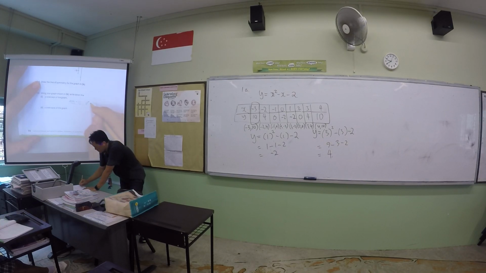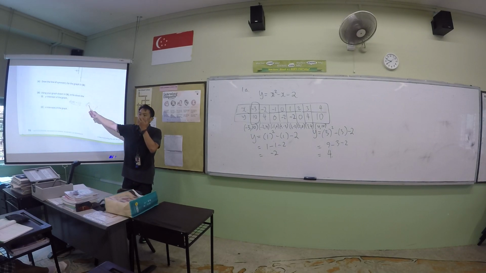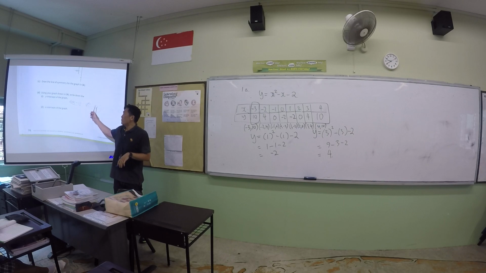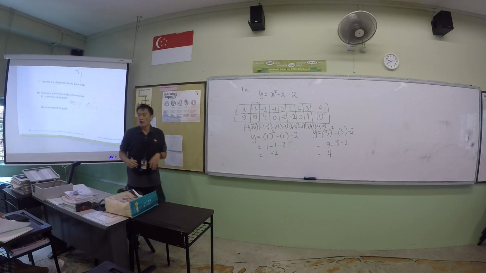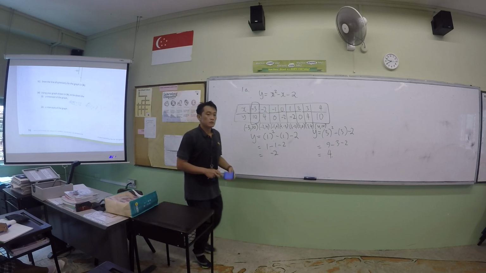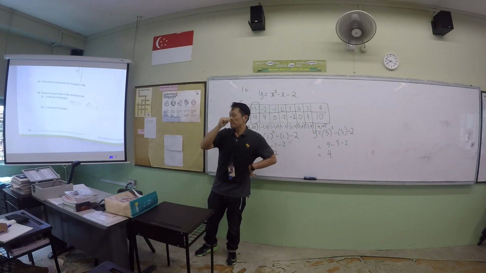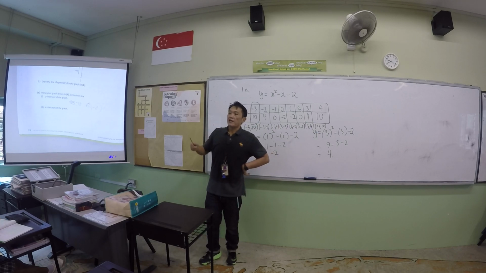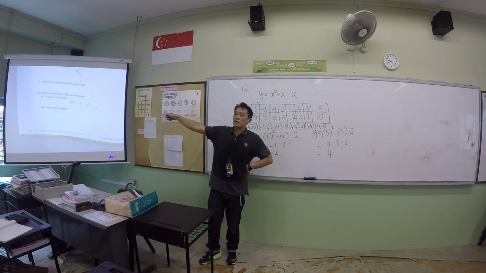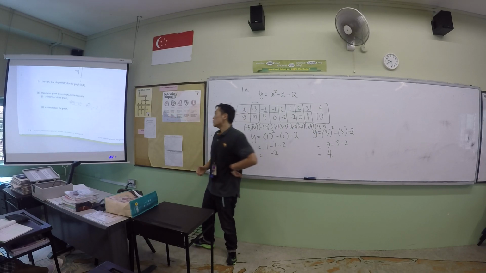Your workbook answer is wrong. It must be the coordinate (0, -2). Your workbook answer is wrong. Zara, the workbook answer is wrong. You must put the coordinate (0, -2).